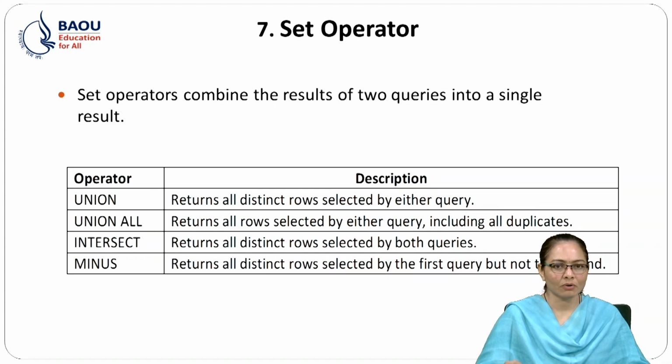Union returns all distinct rows selected by either query. Union all returns all the rows selected by either query, including all the duplicates. Intersect returns all the distinct rows selected by both queries. Minus returns all the distinct rows selected by the first query but not the second.